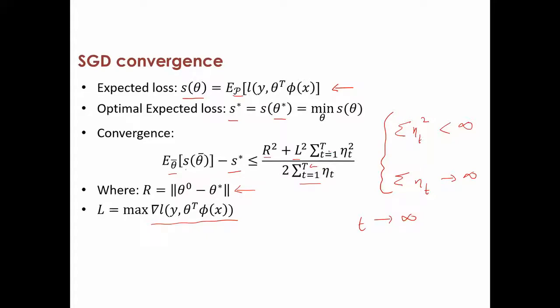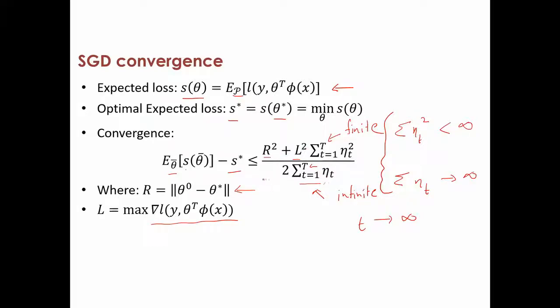As capital T tends to infinity, the numerator is finite, but the denominator is infinite. So the upper bound on this difference is a finite number divided by an infinite number, which is 0.